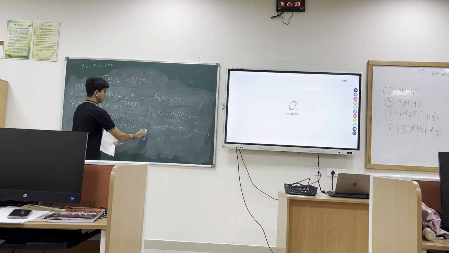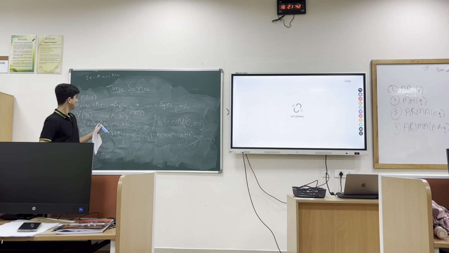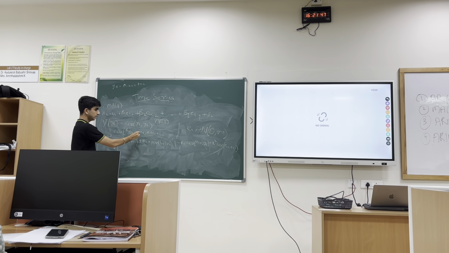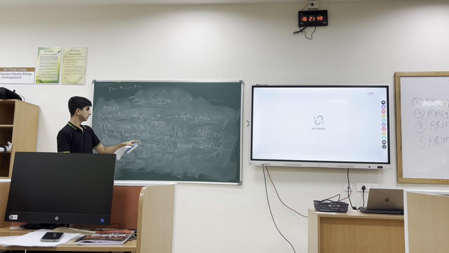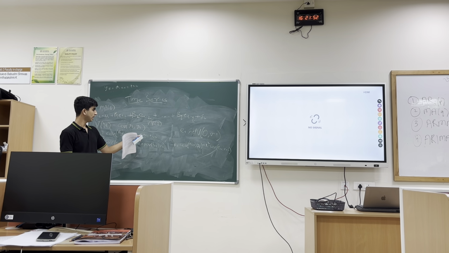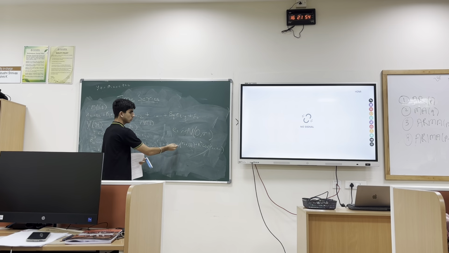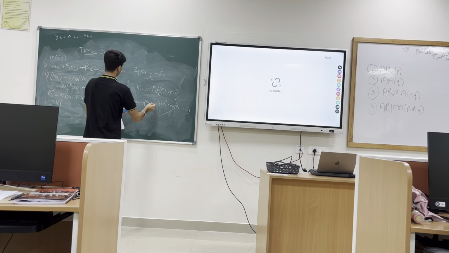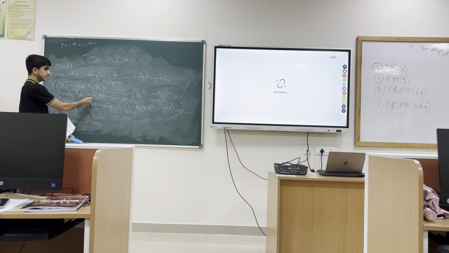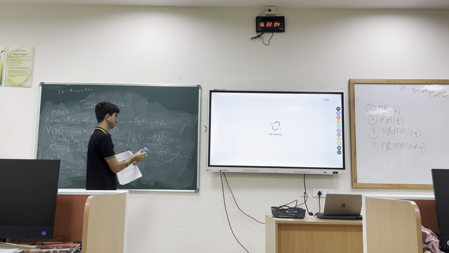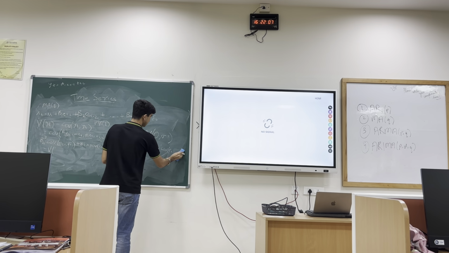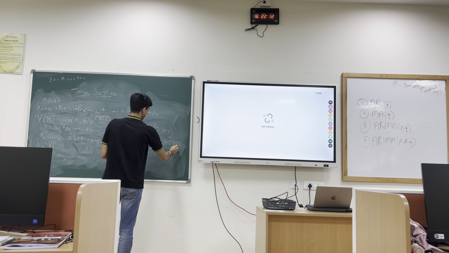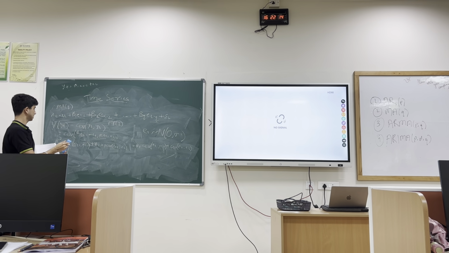I have done this and this, this and this, so now I'm left with the other two. The next term will be the covariance of et comma et minus 1, so plus beta 1 times the covariance of et comma et minus 1. And the last term will be nothing but the covariance of these two terms, the covariance of et comma et. Now this looks better.